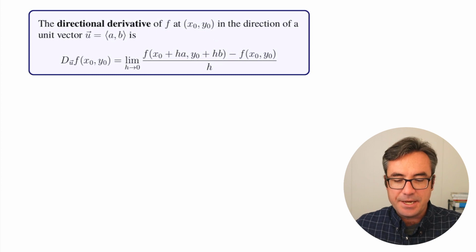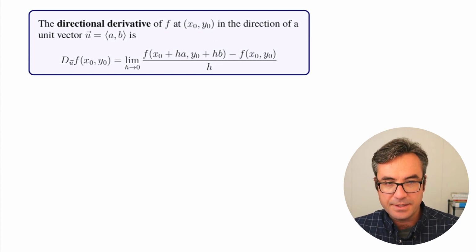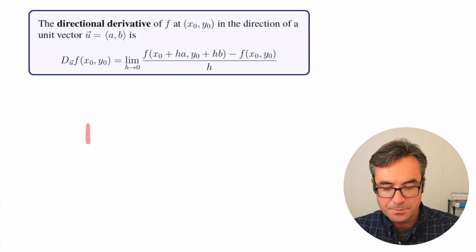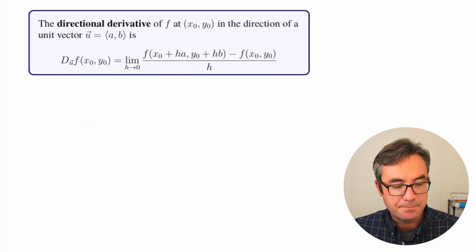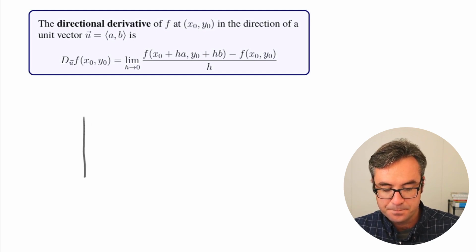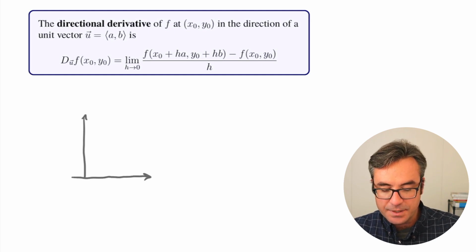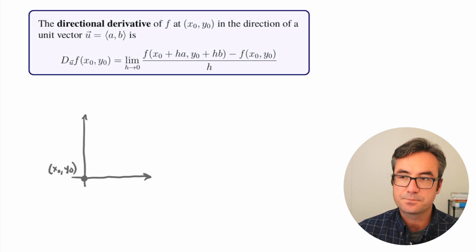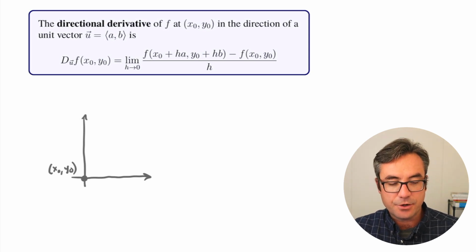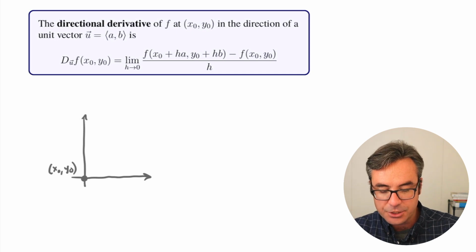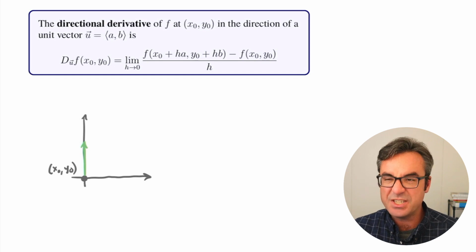And we can see, if we think about it again, let's draw our xy plane again, and let's center this at our specific point, x0, y0. So we could look at the unit vector in the y direction, which we've seen as just vector j.